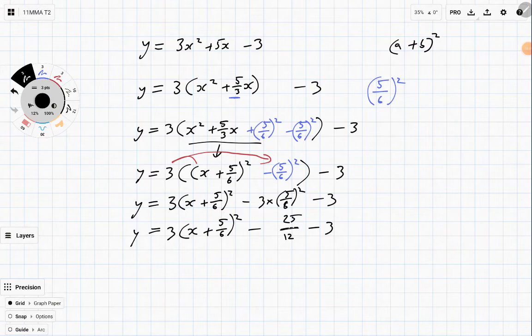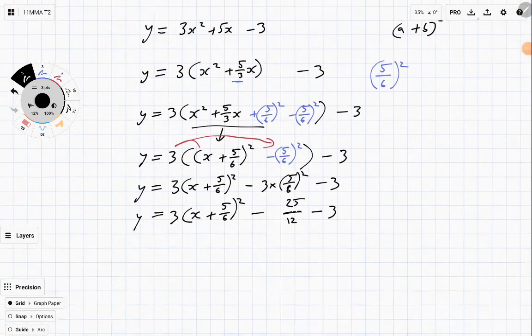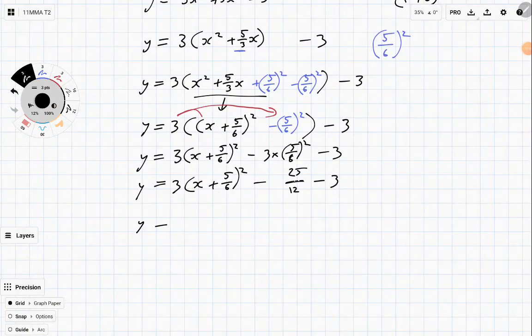But I want to combine these 2 terms, which means I need to write both of them in twelfths. So the 3 is going to become 36 twelfths, times top and bottom by 12.